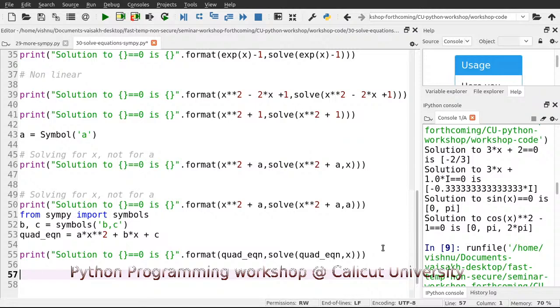So let's try to see. The logarithm function is clear to us. We know the logarithm function.